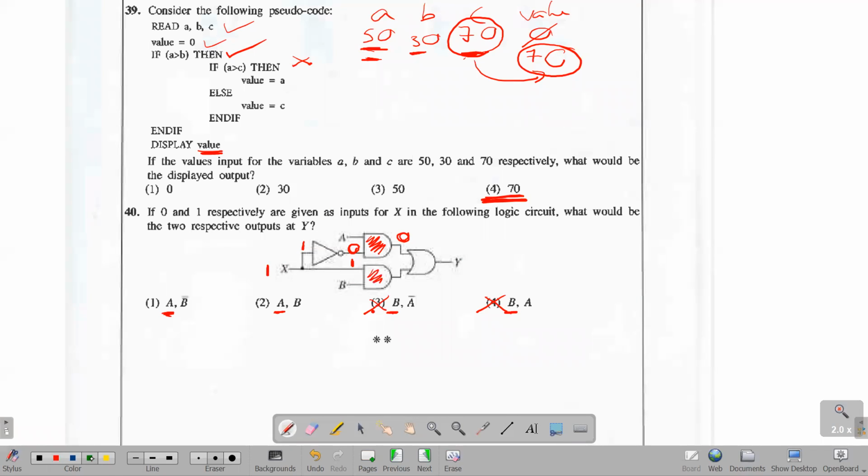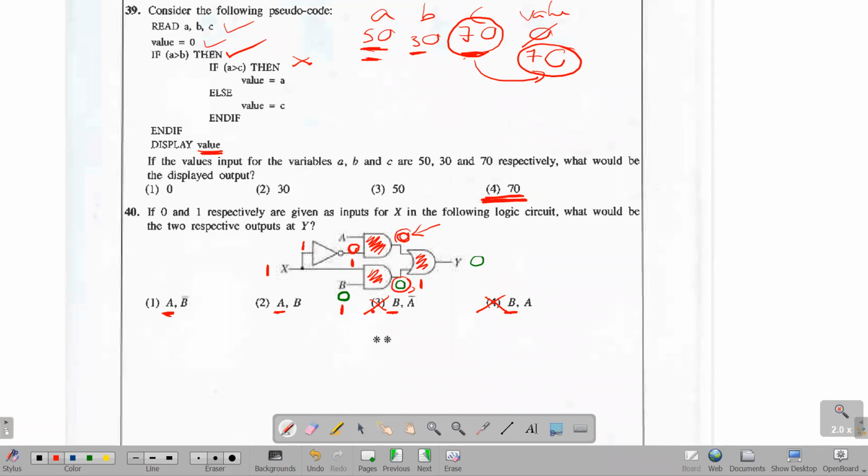So like the previous time, if B is 0, this will provide you a 0. If B is 1, this will provide you a 1. And since this is an OR gate, when 0 and 0 is considered, Y is going to be a 0.